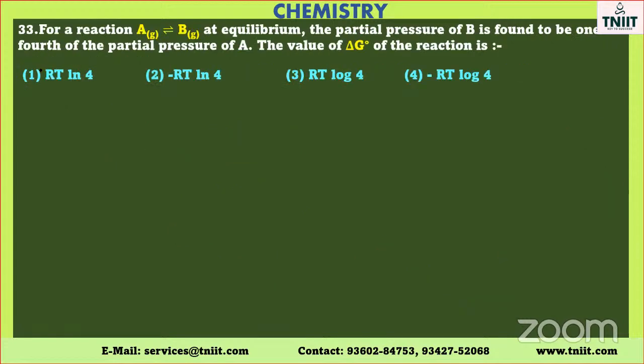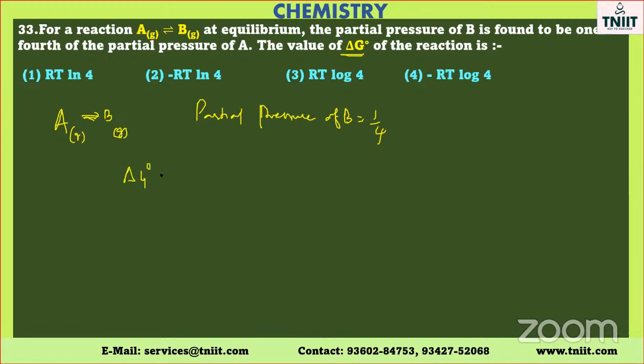The next question, for a reaction A giving you B. For a reaction where A, which is a gas, gives you B, which is also a gas, at equilibrium, the partial pressure of B is found to be 1/4 of the partial pressure of A. What is the value of delta G naught?